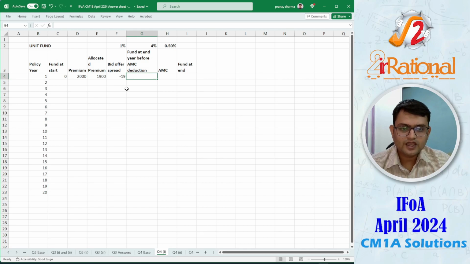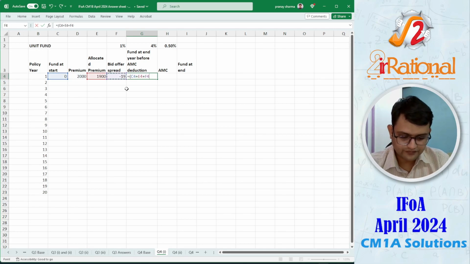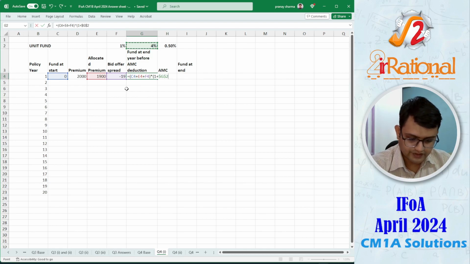So fund at the end of the year before AMC deductions. So that is after growth. So equal to, in bracket, I will take fund at the start plus allocated premium plus bid offer spread, into bracket 1 plus the rate of interest. Fix it.